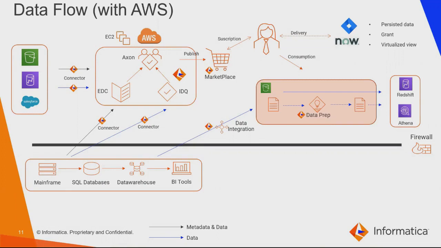EDC and IDQ are internally connected to Axon to get the conceptual view established, and the data sets are eventually published to the marketplace as a data collection and eventually subscribed to by the end users to deliver to the appropriate targets. The other consumption pattern is basically to have the data integration tool source the data from on-premise to the cloud and then prep the data to the corresponding warehouse, Redshift here, or Athena actually.